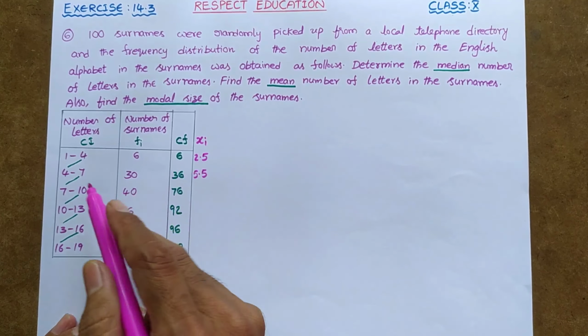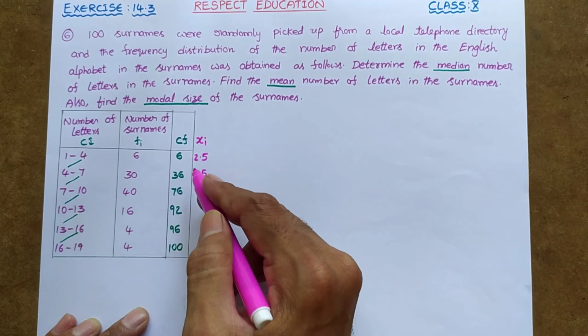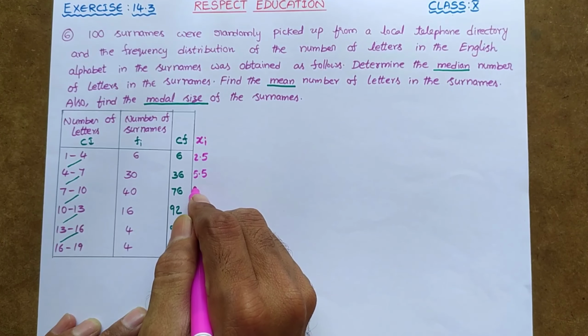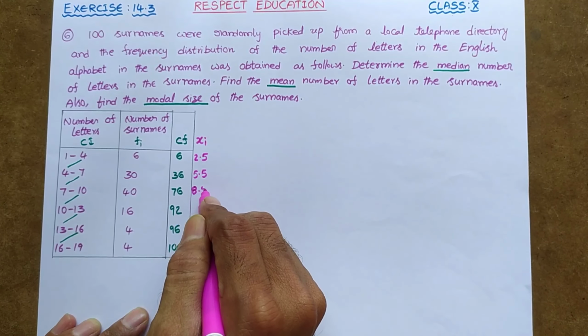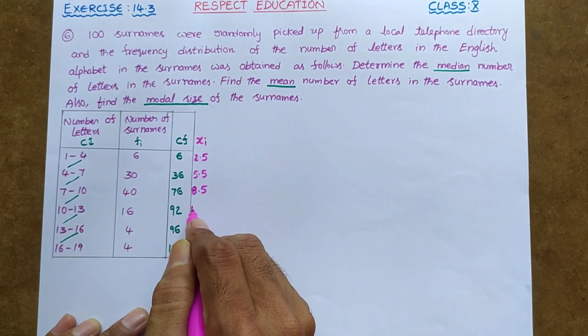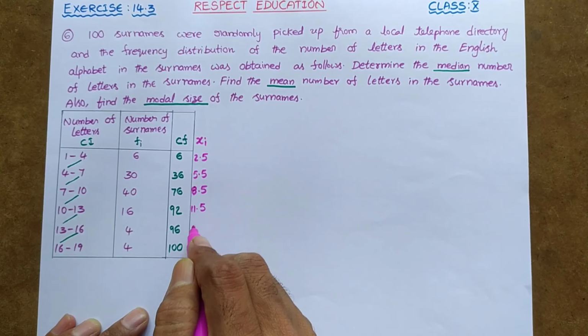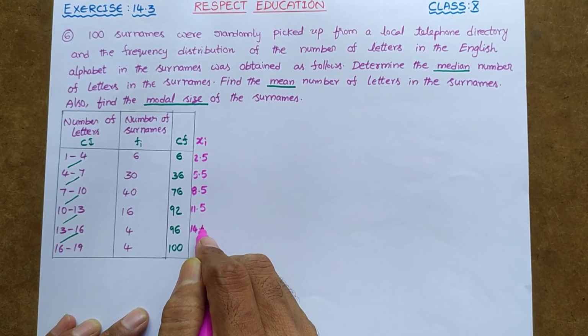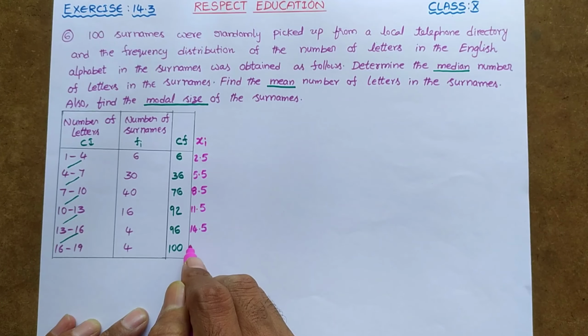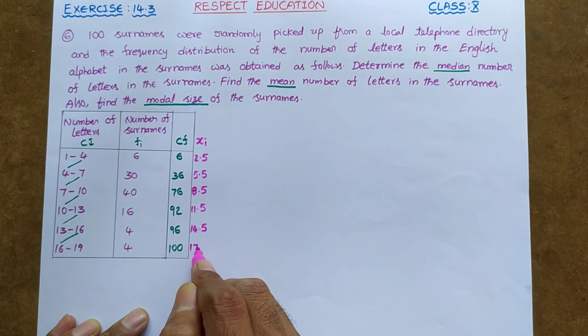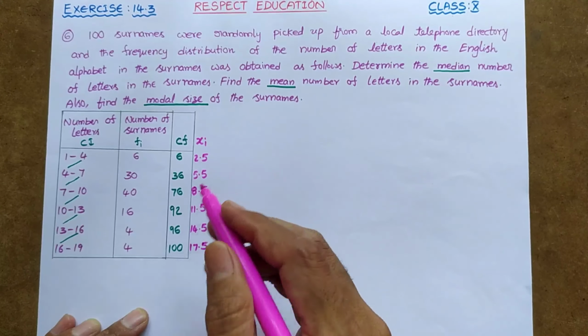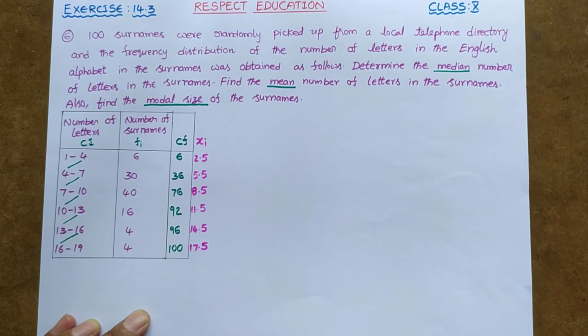Here you observe carefully, the difference is 3, so we can maintain the same difference. So next 5.5 plus 3 will be 8.5, plus 3 will be 11.5, plus 3 is 14.5, 14.5 plus 3 is 17.5. So here we have the values of Xi.